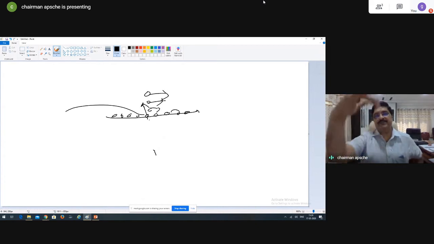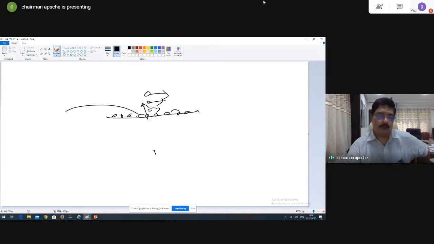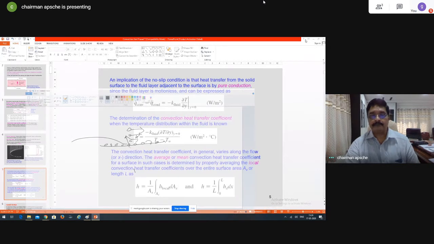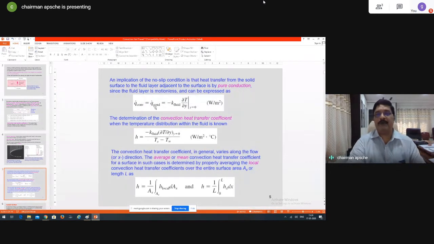So for convection heat transfer to happen onward, initially what is important is the conduction heat transfer. When I write that equation, Q convection is equal to Q conduction, right at the solid boundary, right at the initial step, where y is equal to 0. I said y is the normal distance to the plate, and y is 0 right on the plate.